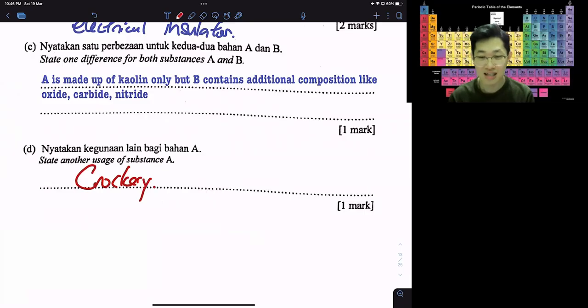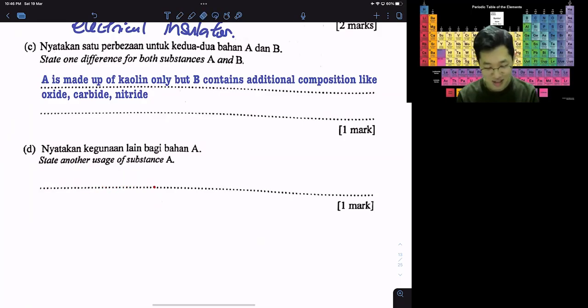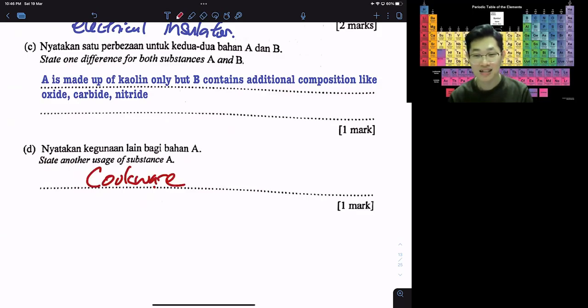Anyone know what is the meaning of this thing? You can write cookware, okay. Clay pot. You can write bowls, containers, pottery. Bowls is pottery.